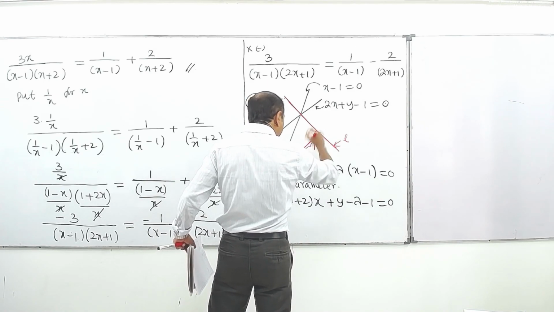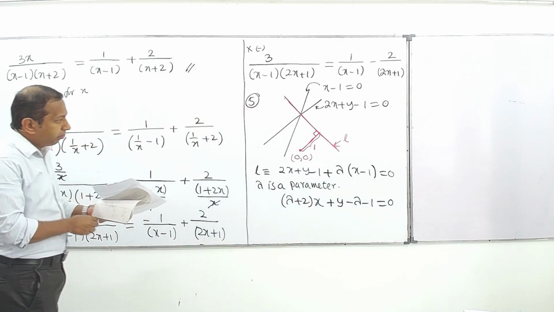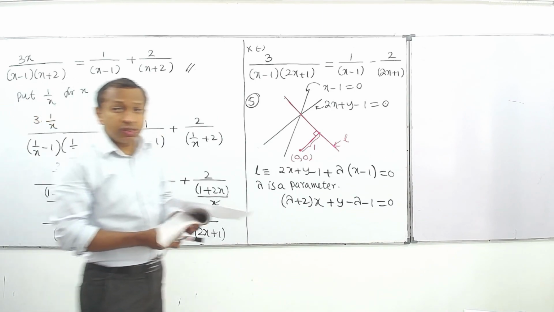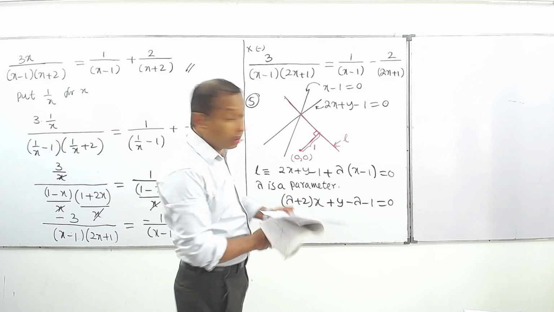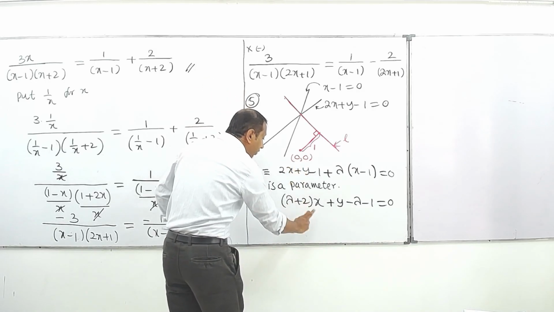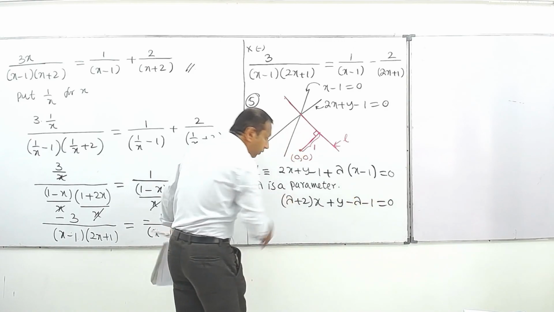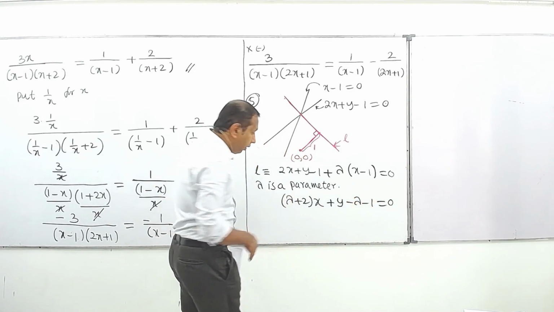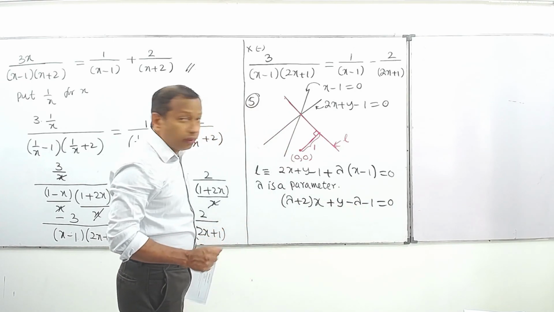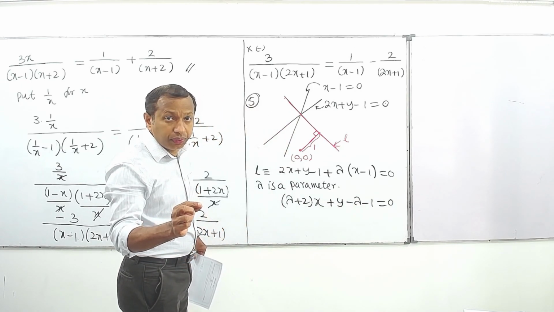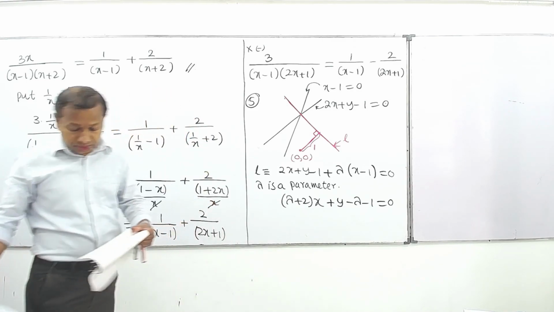To find the perpendicular distance from an external point to a given line, we substitute the coordinates of the point for x and y in the equation of the line, take the modulus, and divide by the square root of x coefficient squared plus y coefficient squared.